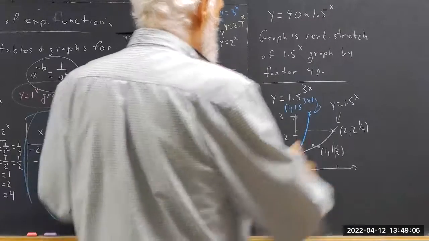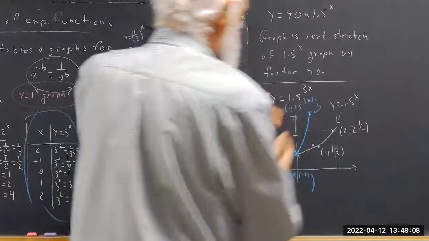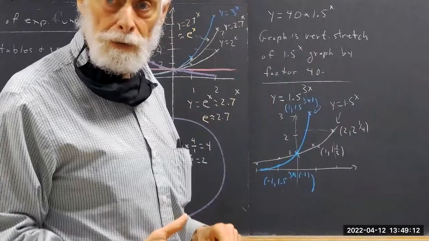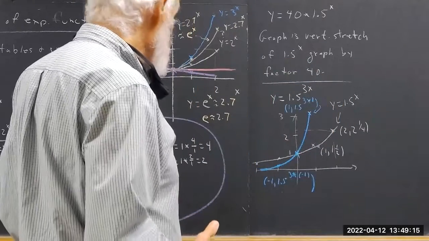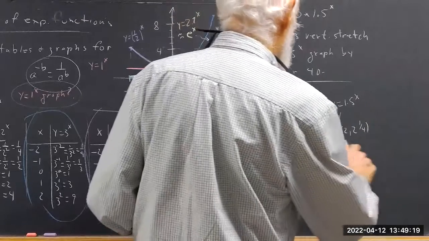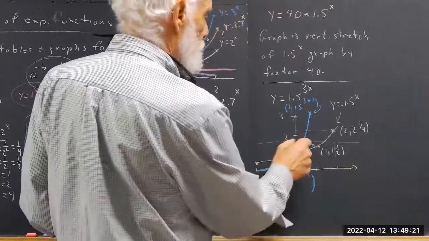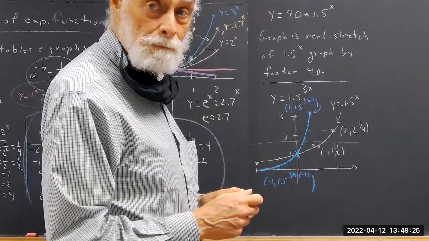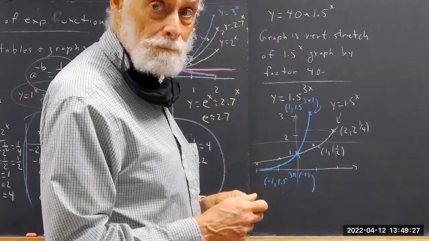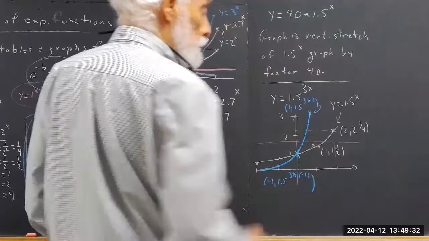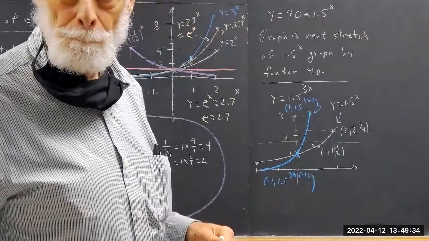Well, that's what we get if we squish the graph of 1.5 to the x 3 times closer to the y-axis. So every point, let's just take a line here. It looks like this point is 3 times closer to the y-axis than this one. Is that reasonable? Well, let's see, here's 1, 2, 3 of these. Yeah, it looks like it matches up pretty well.